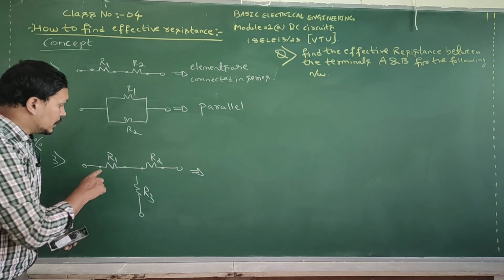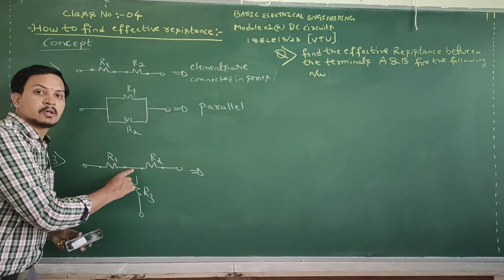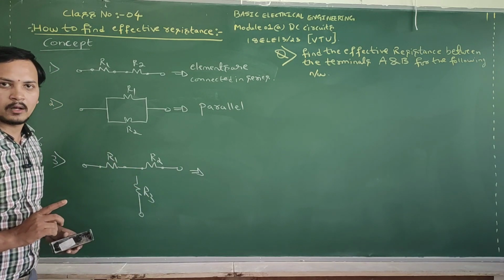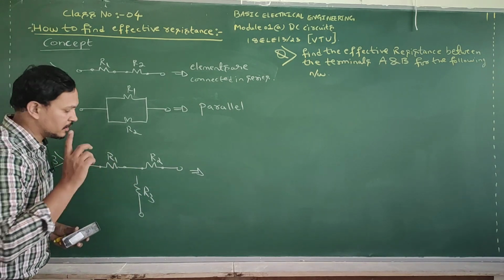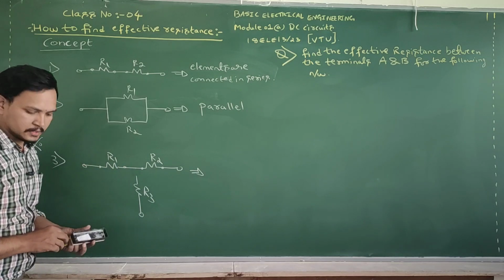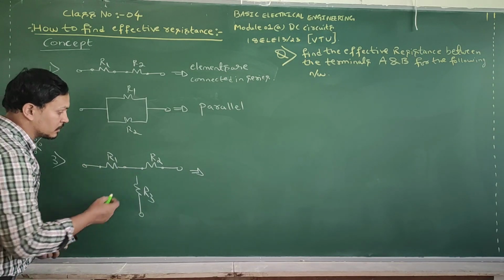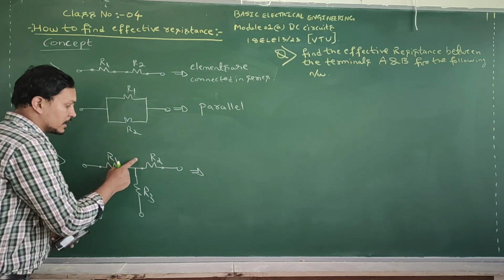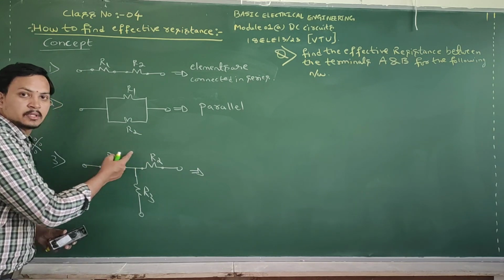The concept is there should not be any disturbance or interruption for the end-to-end connection. Then only you can say those elements are connected in series. But what is the actual network? R3 is disturbing, so therefore we cannot get series combination between these two.